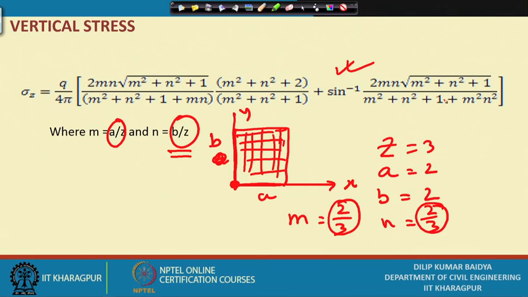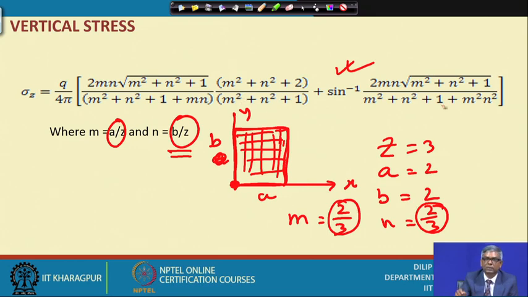Once you calculate, then what you will get? I will get the entire area of the footing with dimension A and B, when loaded with intensity small q, at 2 meter or 3 meter depth. I will get the intensity if I use this value in this expression and get the stress. So, this is a very useful formula.